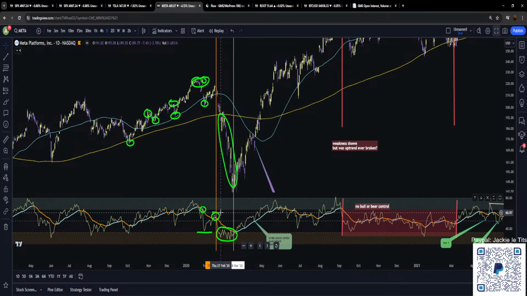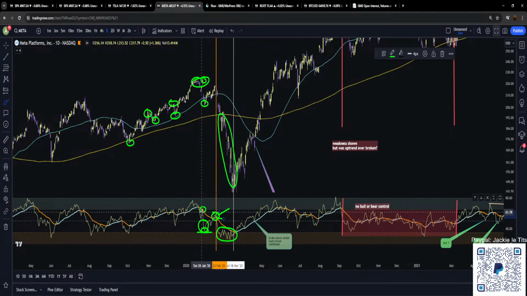Now, what's different about this instance versus this instance is that when this rejected and slipped below the center, it found support on the bearish control zone. But what was different is that you actually went underneath center prior to this test and rejection of the EMA and the center line. You were under center, and then this rejection and rip underneath center again happened.